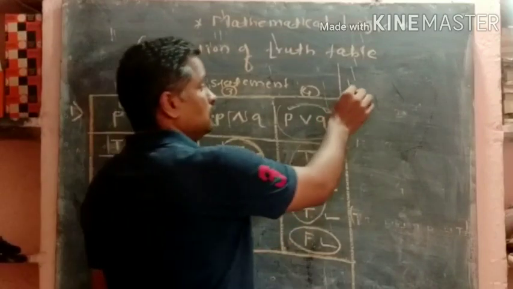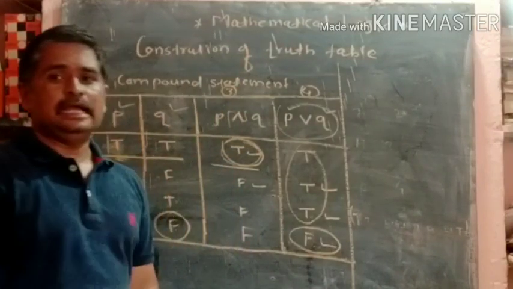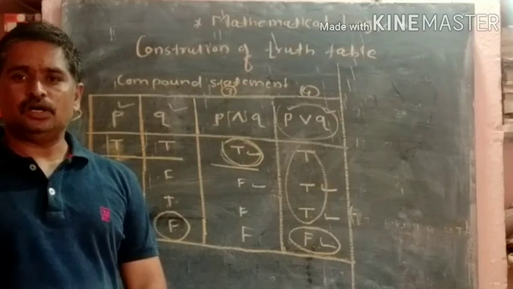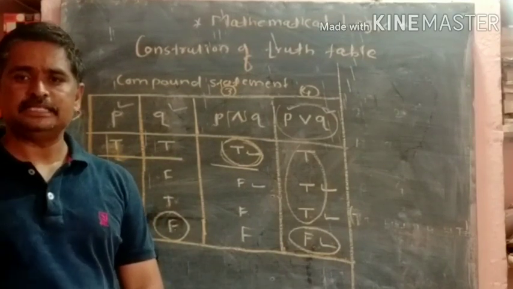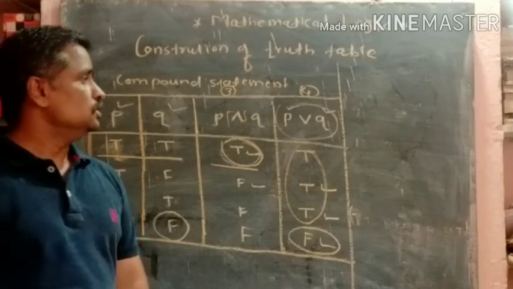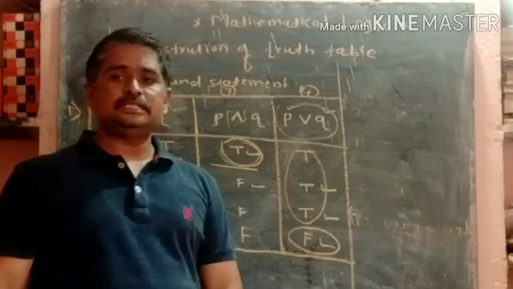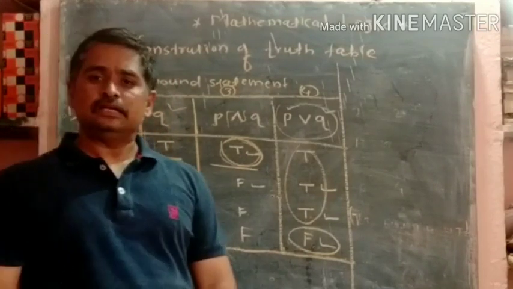So rows and columns depend on the number of statements and the number of basic connectives. So what is the procedure for that? I will continue tomorrow.